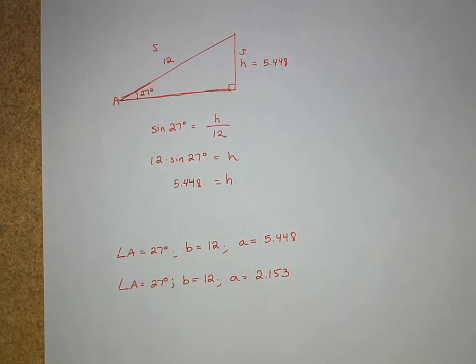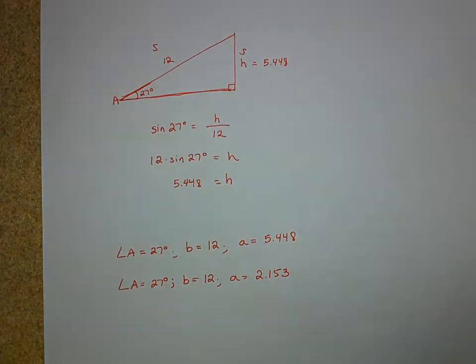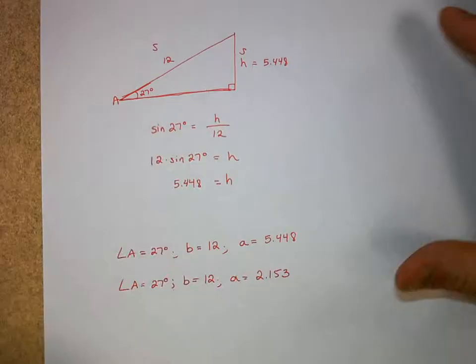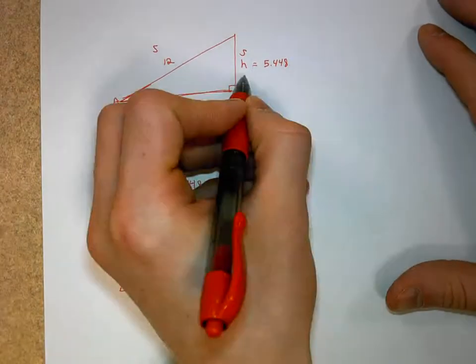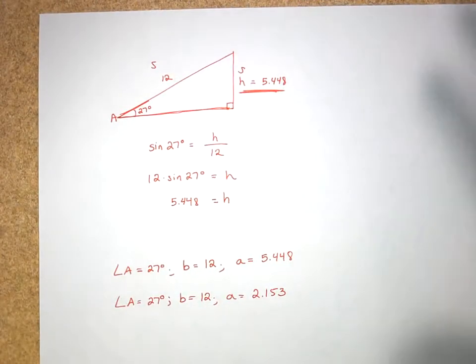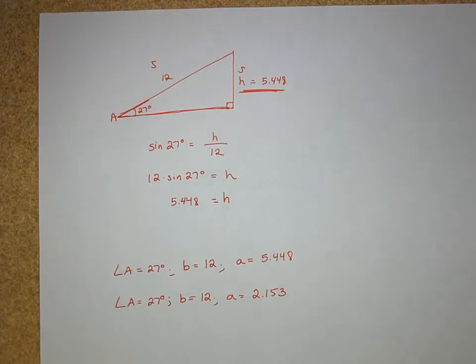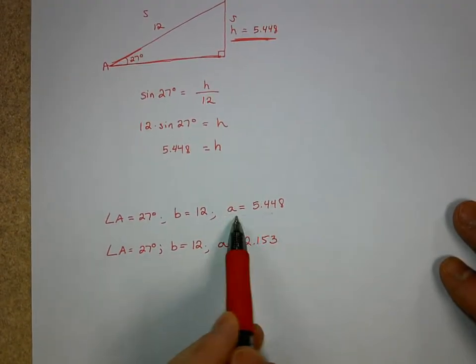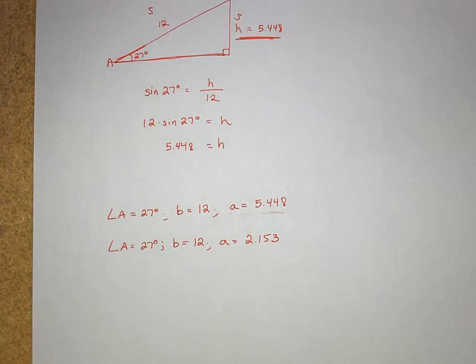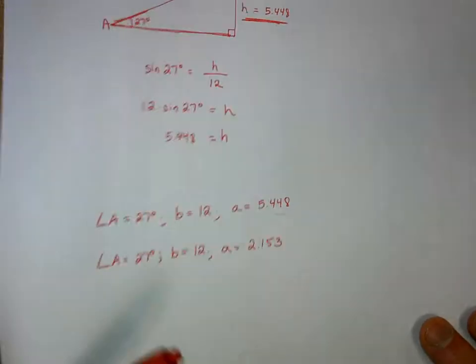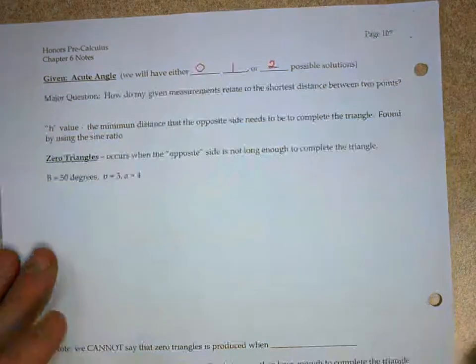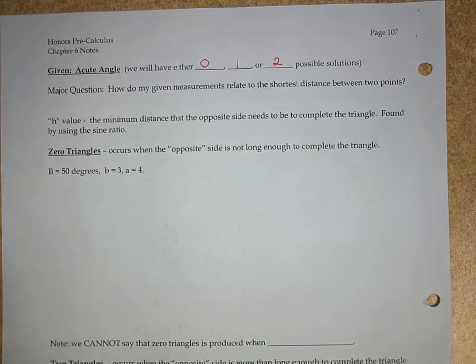So my goal for this whole section is to set up a triangle that has an acute angle, and I want to know this H value. Is the H value, or the side opposite that I'm given, long enough to complete a triangle? That's my whole goal in this section, and once I know that, I can solve the triangles.